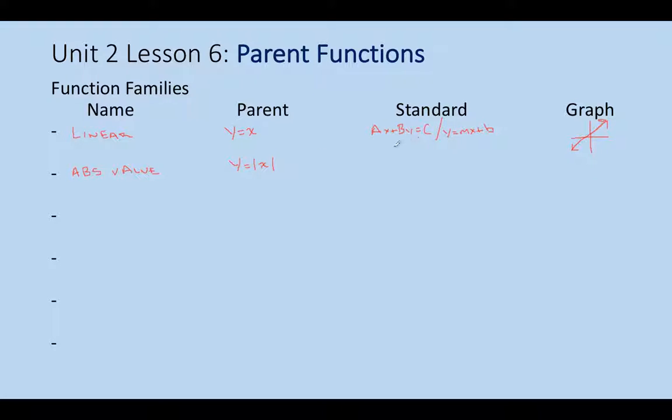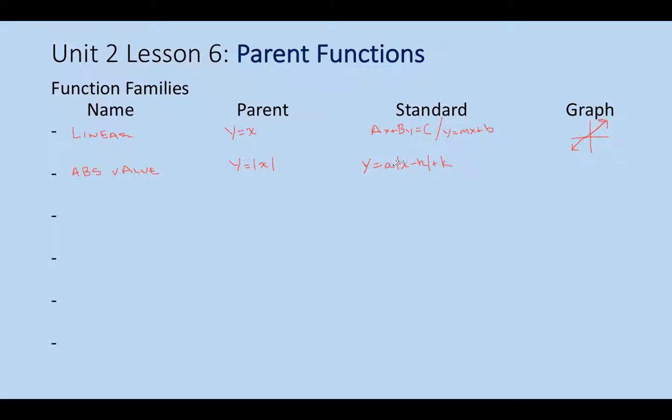But we can't continue going down forever because if x is negative, that winds up giving us a positive. And so the standard form, which we're going to use in the next lesson, I'm just going to present to you here, is y equals a times the absolute value of x minus h, plus k.